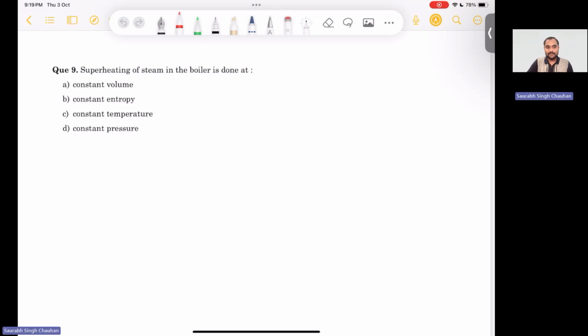If it would have been a phase change process, then it will happen at constant pressure and constant temperature. But superheating is not a phase change process. Okay, so to answer this question, we will make the TS diagram, then it would be easy.